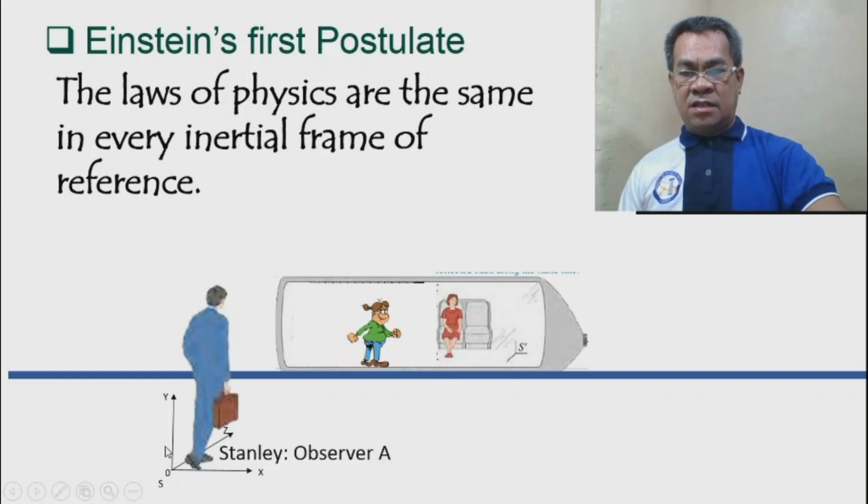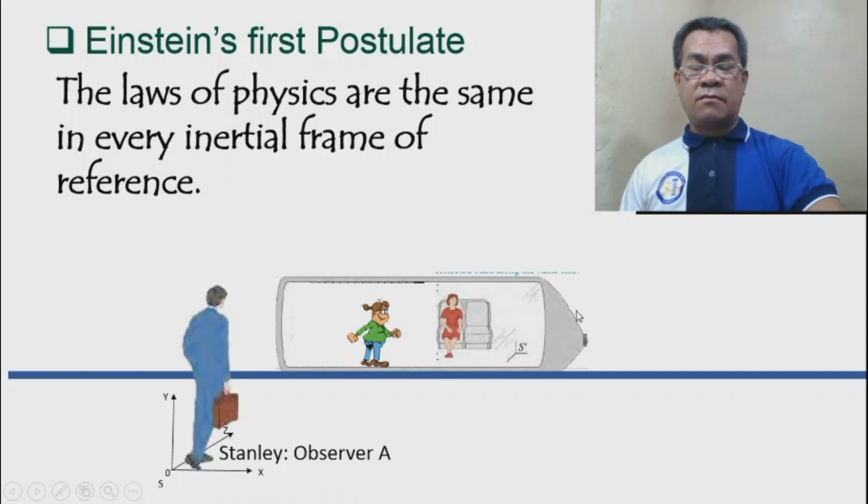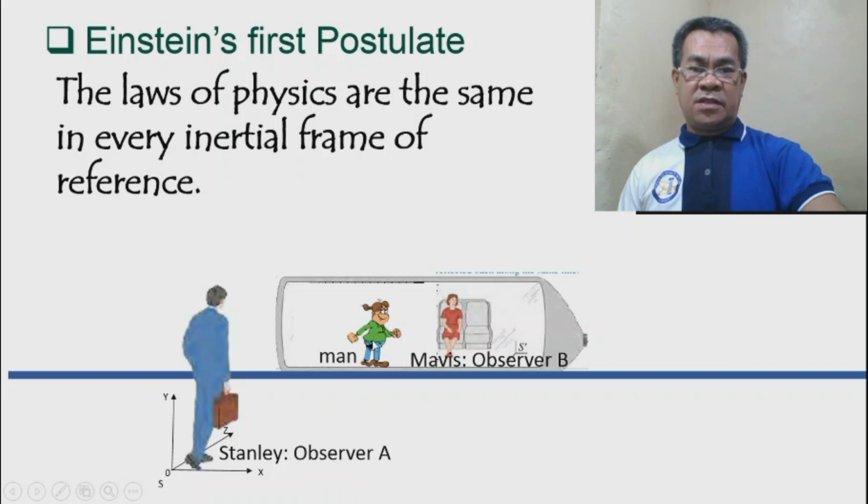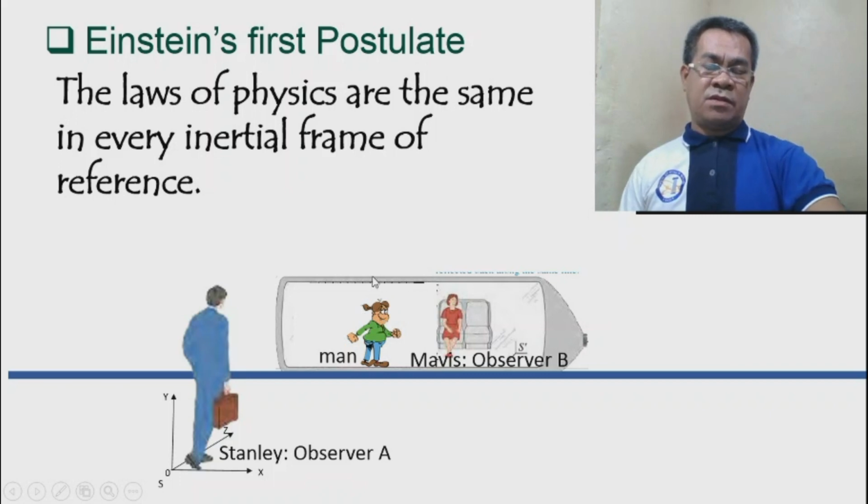Stanley is the observer A, which is in the rest frame, which is usually Earth, and we have Mavis, whom we call observer B, riding on an inertial frame S prime, and within the moving vehicle we have this particle, the man. This is our subject for the description of motion.